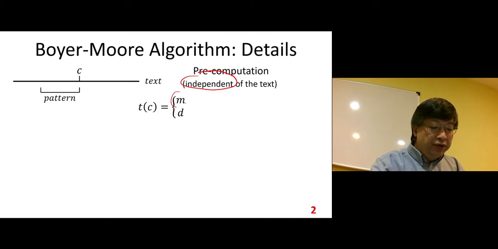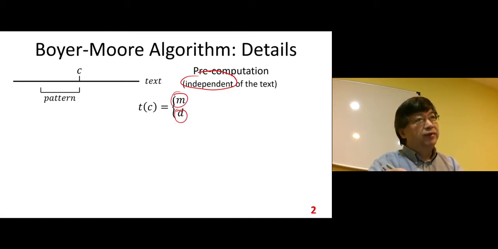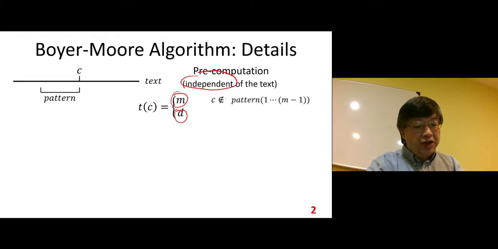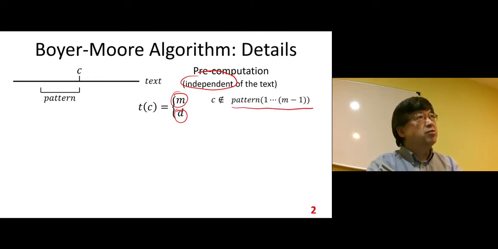defines two different values. The first value, M, is the step size. It corresponds to the step size M when C is not contained in the pattern. Remember, not the whole pattern, but the pattern from the first character to the M-1 character.